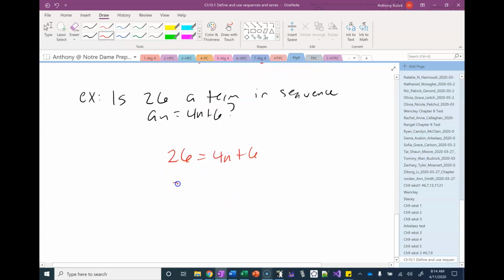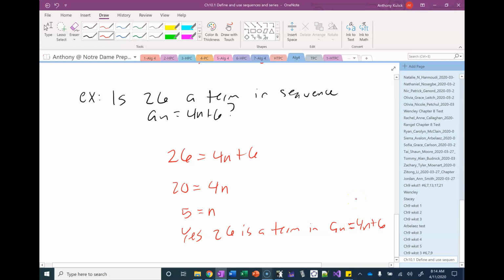We'll subtract 6 from both sides and divide both sides by 4. And since 5 is an integer, we'll say yes, 26 is a term in a sub n equals 4n plus 6.